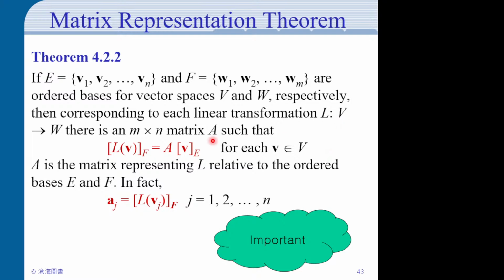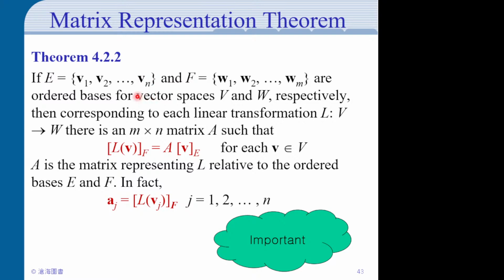The matrix will tell you how a starting vector v, which has a coordinate vector in terms of the basis E, gets linearly transformed by L, goes to the space W, and its coordinate in terms of F is equal to your matrix A times the coordinates in terms of basis E.